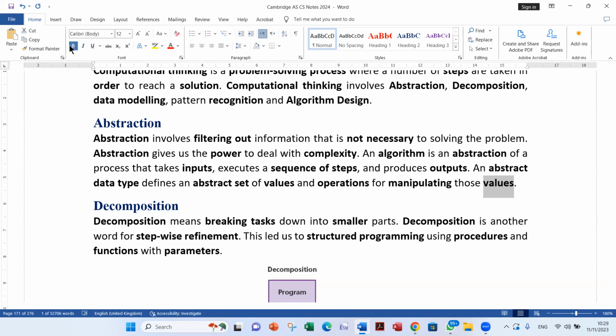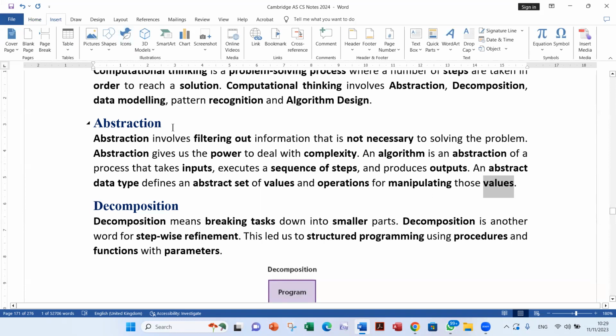Also we will be teaching it explicitly in the syllabus. We don't know anything about abstract data types now. We will study them in the AS. So this is abstraction.